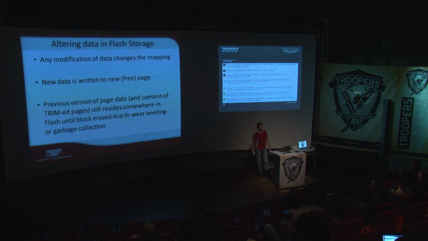And several words about what happens when you are trying to modify some data. Old erasure standards for magnetic drives usually say that to erase data on some sector, you need to overwrite it multiple times with some patterns or some random data and so on. What happens when you just overwrite some logical sector on a flash drive?